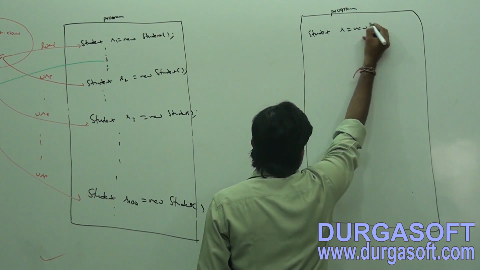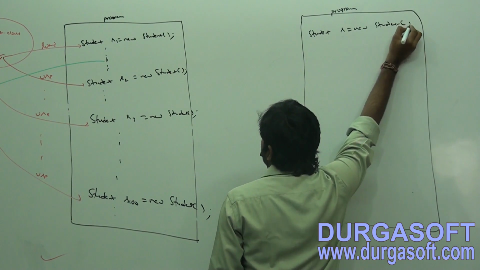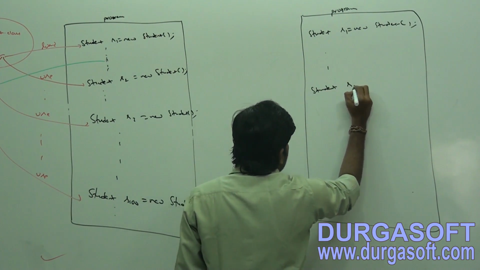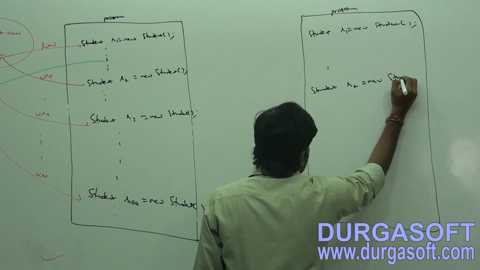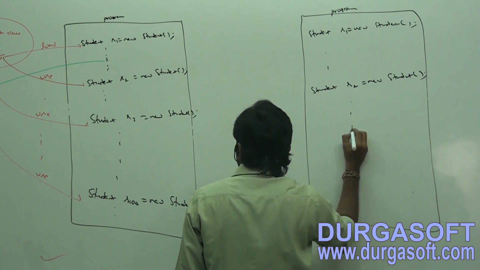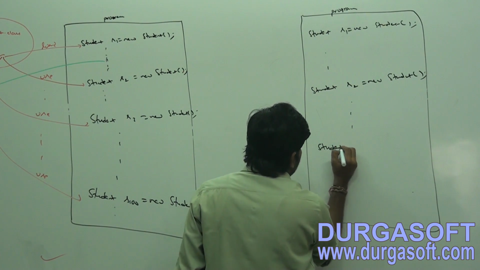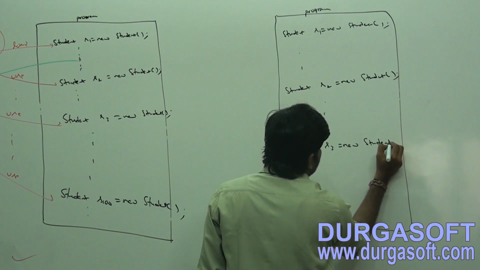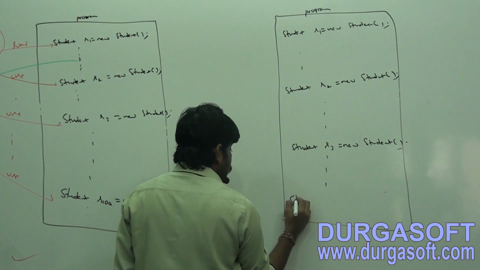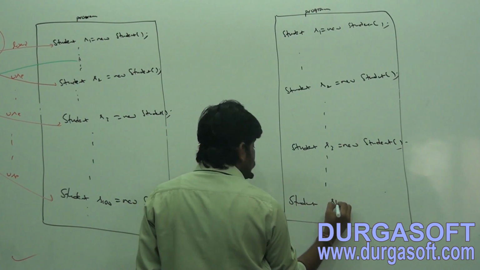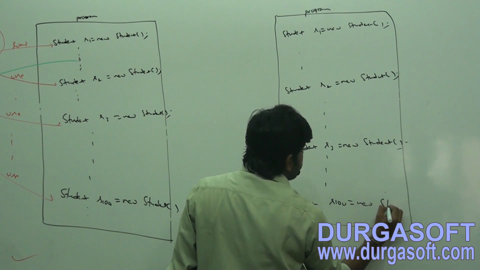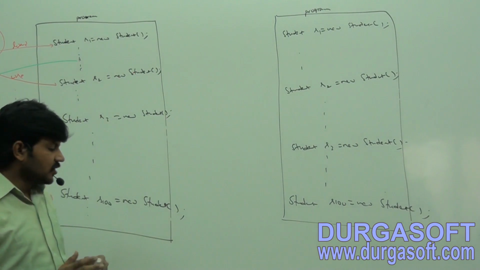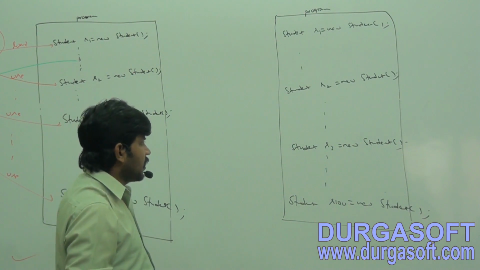Student s = new Student(); Student s2 = new Student(); Student s3 = new Student(); ... Student s100 = new Student(); like this I am taking.